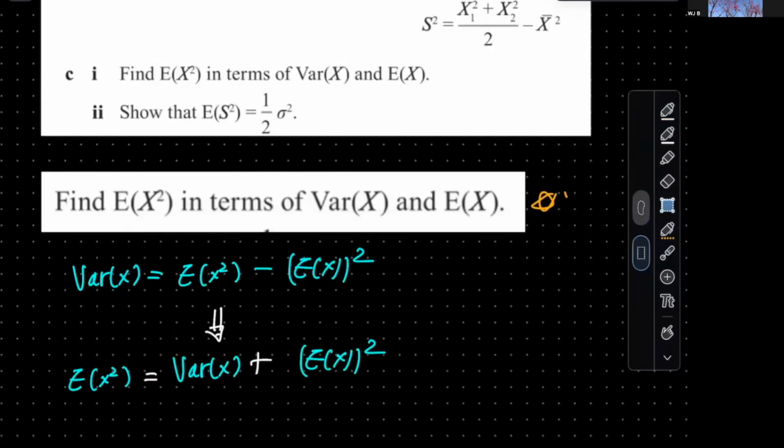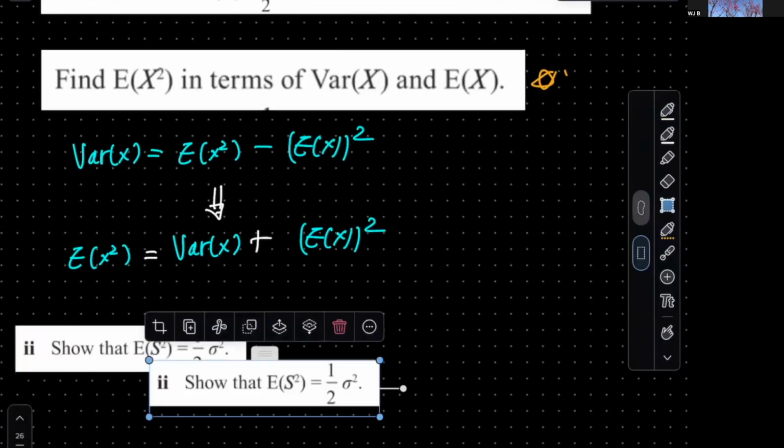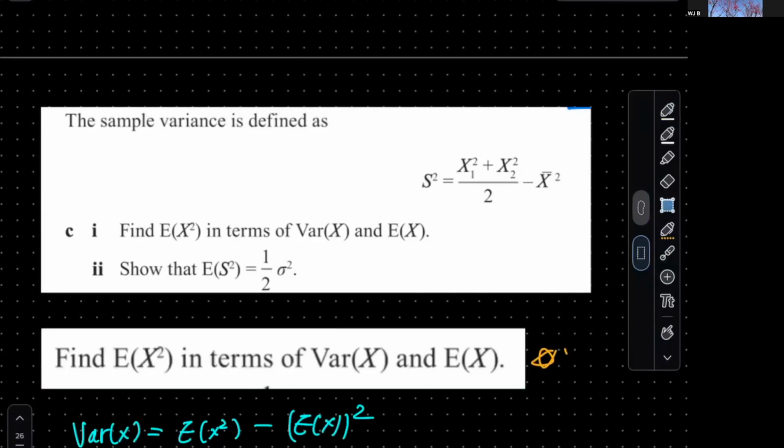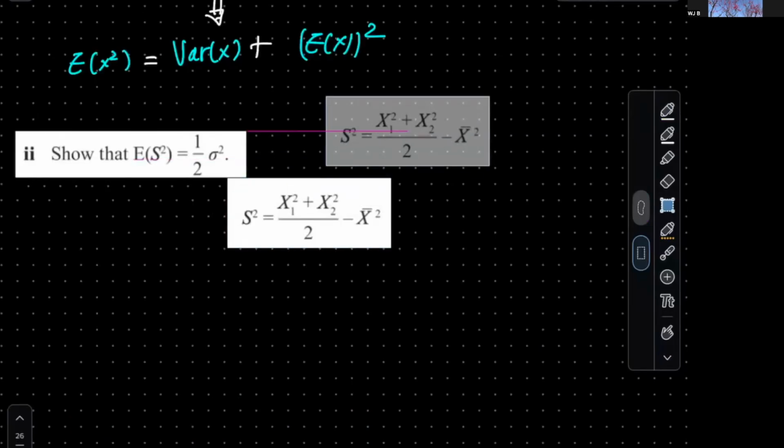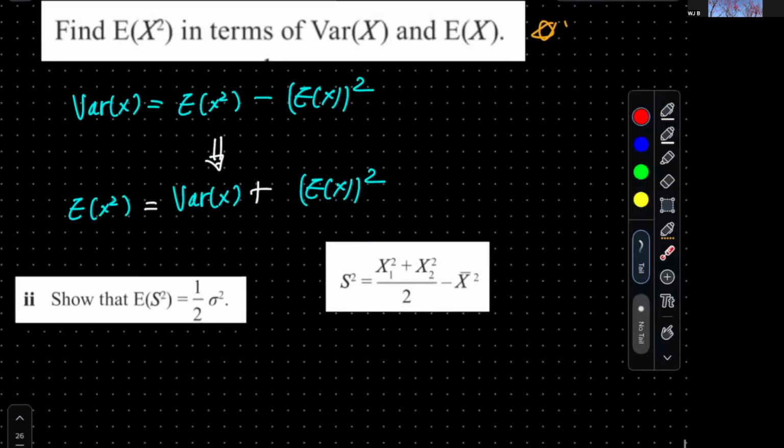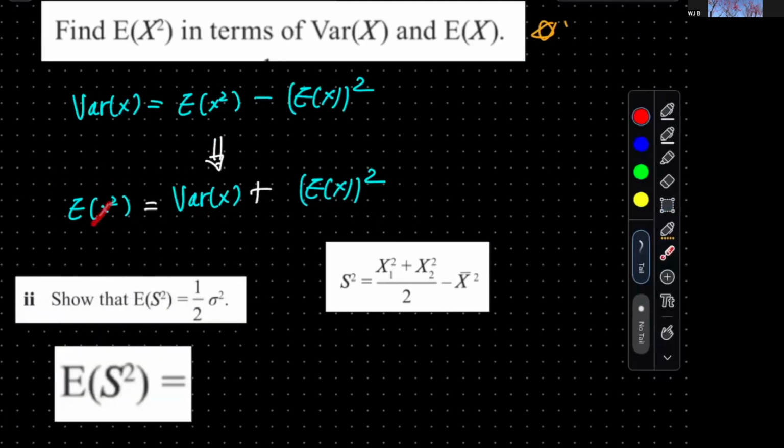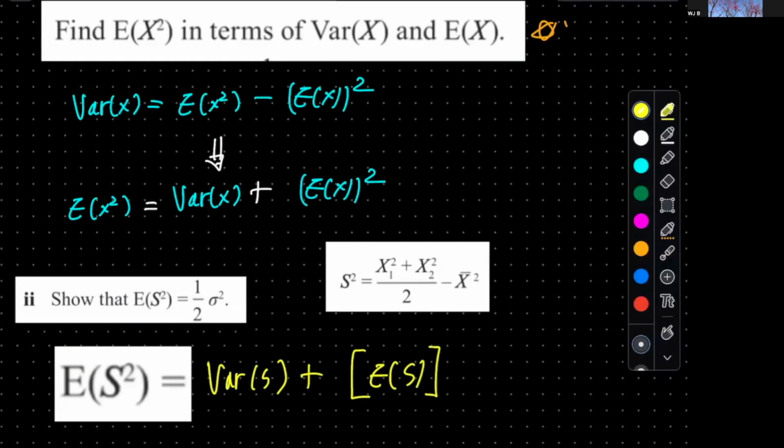That's great. But now they're saying, why don't we do that for the E of s squared, where it was defined as the following? Of course, the question has asked us to define what the expected value of x squared was, so I want to use it here. So I'm going to start with the left-hand side, and instead of using x, I'm going to use s. So then it's going to be the same as variance of s plus expected value of s perfect square.